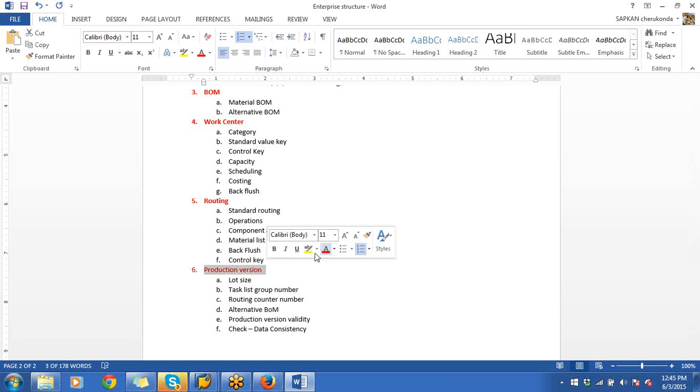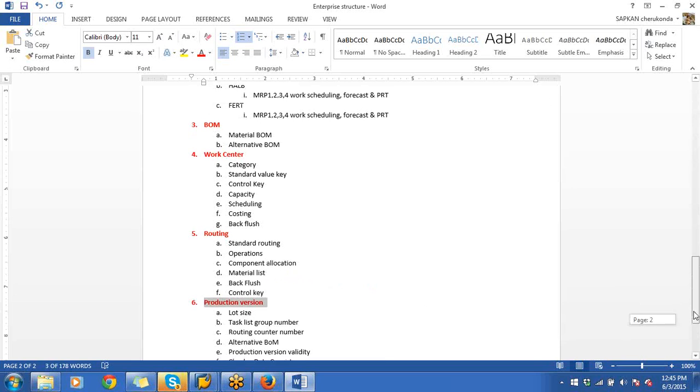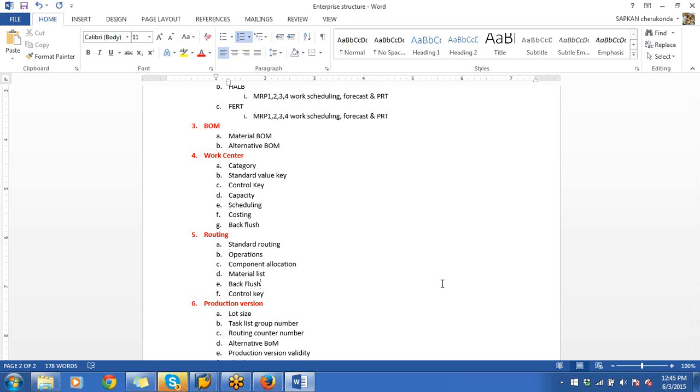So in PP, enterprise structure, there's nothing. What you do is just wait till everyone completes their job, finance, controlling, material management. Then you start working from BOM.